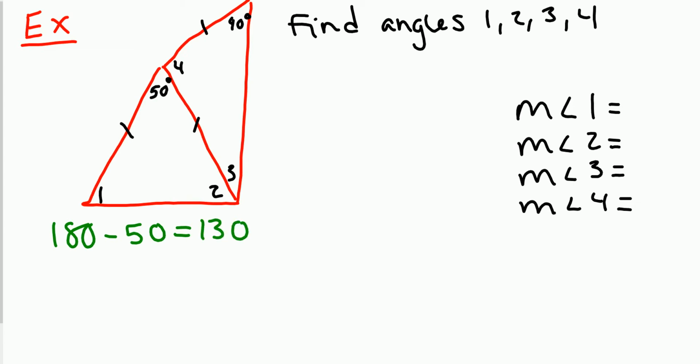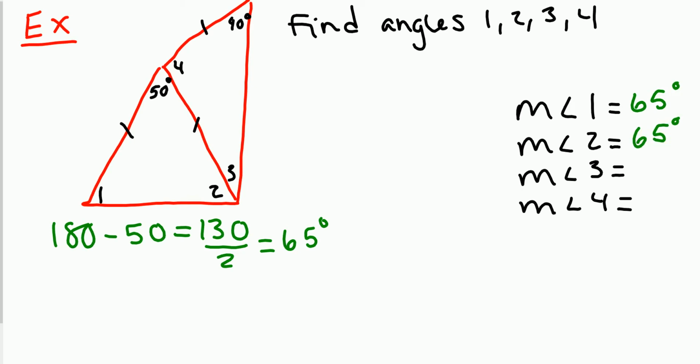That means that these two angles add up to 130 degrees. However, they're the same, so we can just divide this 130 by 2. And that gives us 65 degrees. So angle 1 is 65 degrees, and angle 2 is 65 degrees.